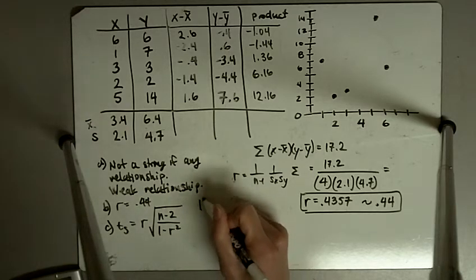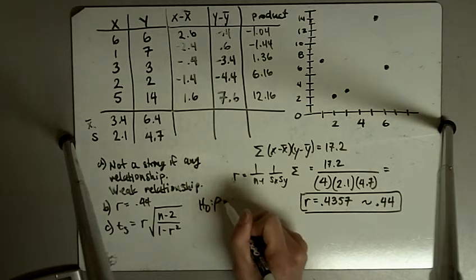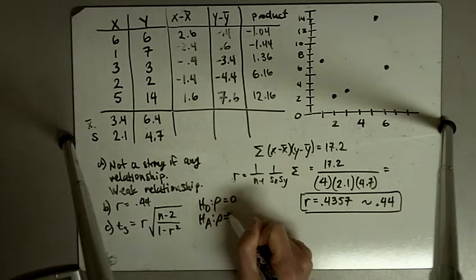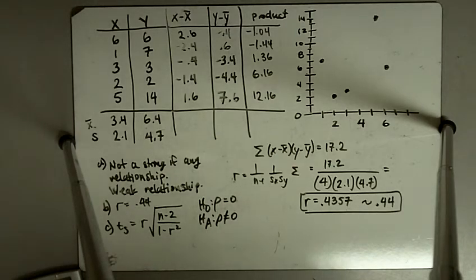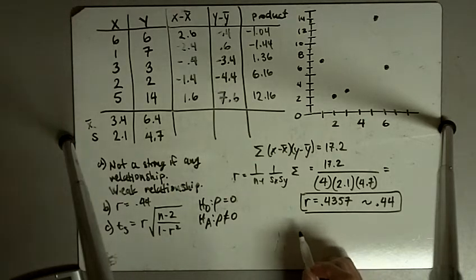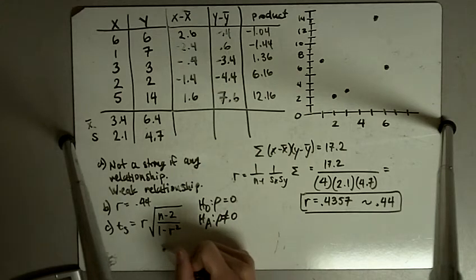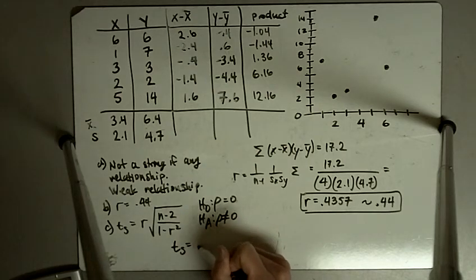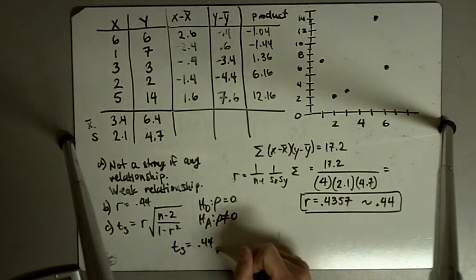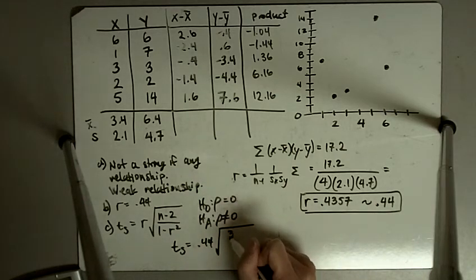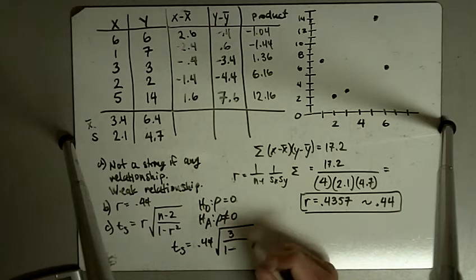Our null hypothesis is that there is no correlation, and our alternative hypothesis is that there is correlation. So this is going to be a two-sided test, and so my t-statistic is going to be 0.44 times the square root of n, which is 5 minus 2, so I have 3 on the top, over 1 minus 0.44 squared.